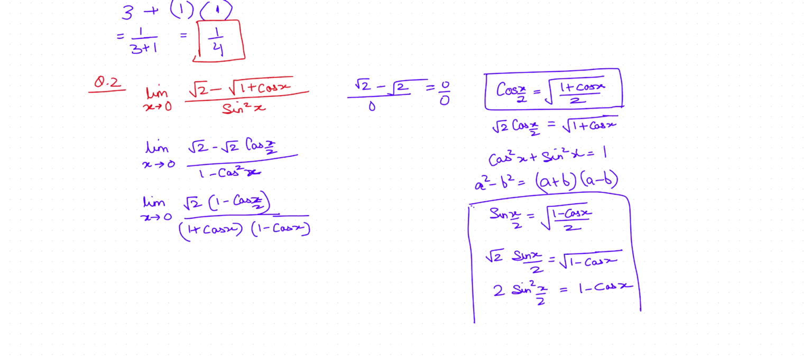Okay, so when we simplify, we get square root 2 sin x by 2 equal to square root of 1 minus cos x. When we square, we will get 2 sin square x by 2 is equal to 1 minus cos x. So this 1 minus cos x can be replaced by 2 sin square x by 2.